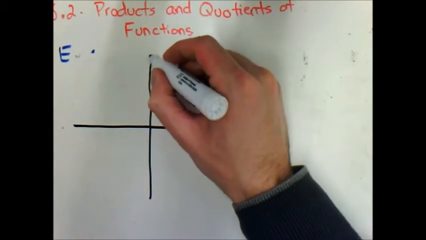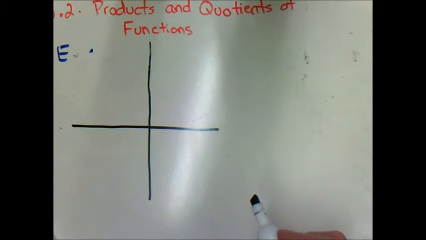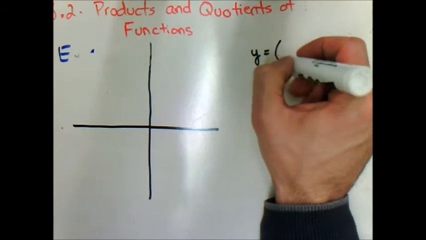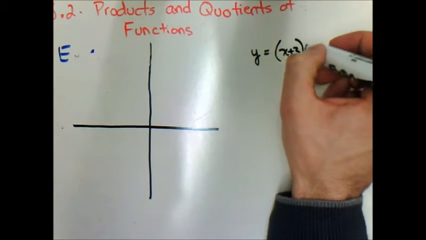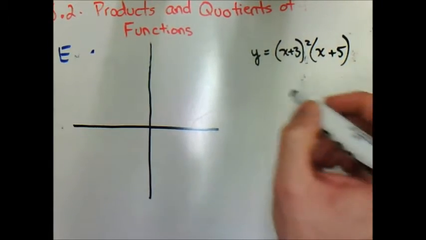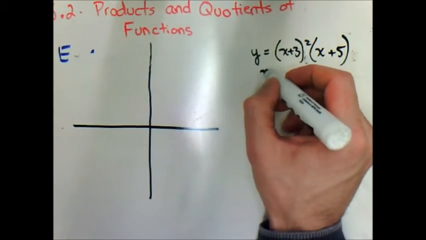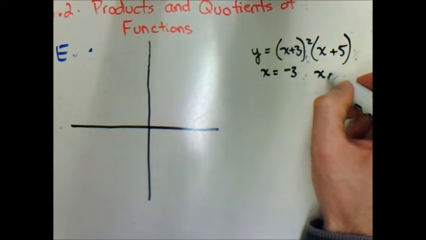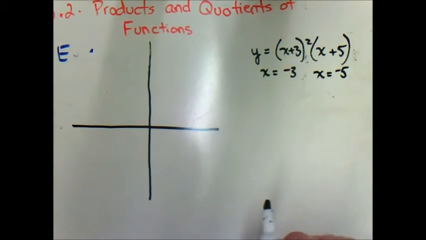Okay, so the first thing I can identify from our factored form is the zeros of the graph. So we have y equals x plus 3 squared times x plus 5. So here there are zeros at x equals negative 3 and x equals negative 5.